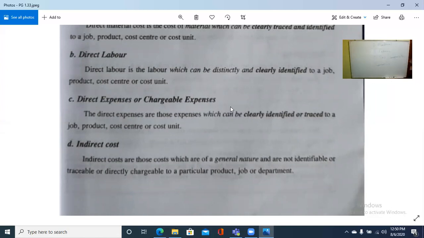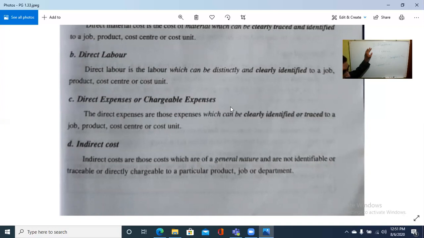Then next is what? Element wise classification. Element wise classification in the sense means direct material is there, direct labor is there, direct expenses or chargeable expenses is there, and indirect cost is there. So direct material, those materials which can be clearly traced or identified to a particular job or a product or a process or a cost center or a cost unit, that is direct material.